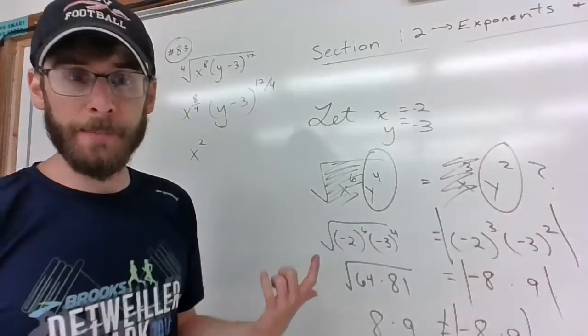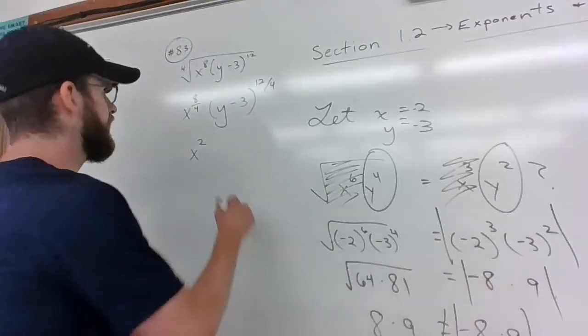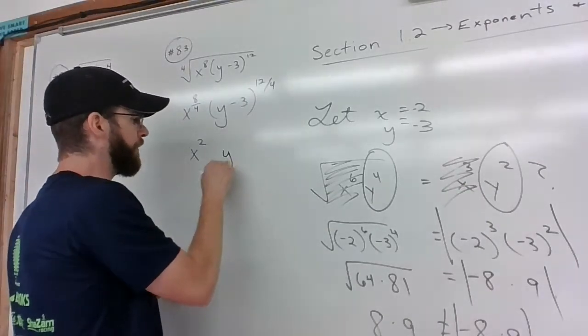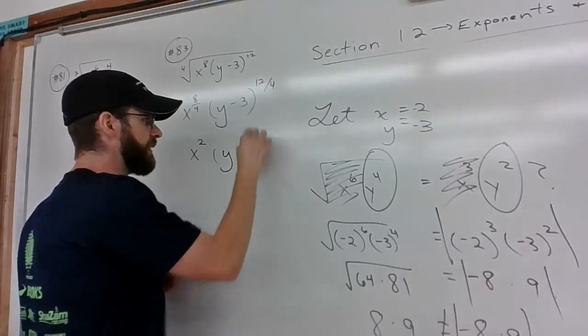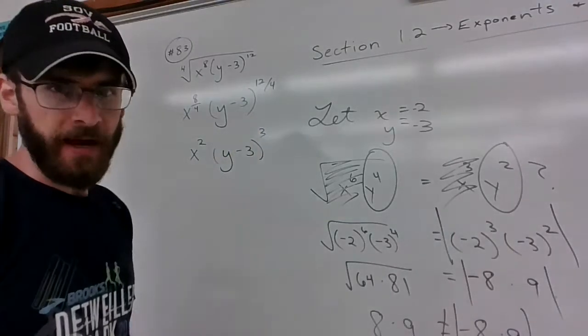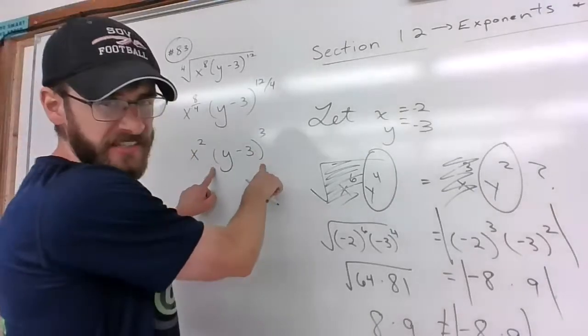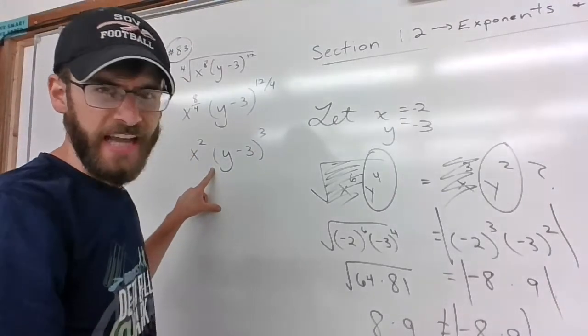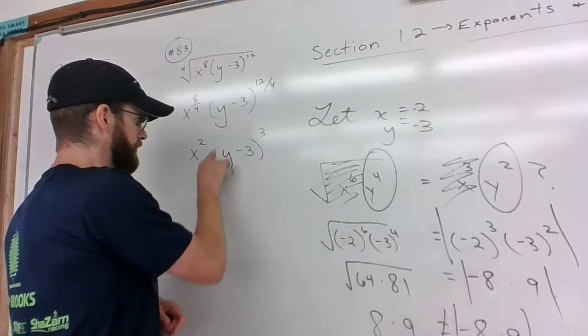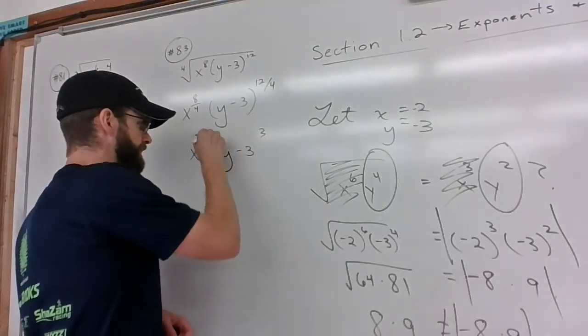That's fine. No absolute value bars needed. 12 divided by 4, though, is an odd power. So when you encounter a situation where parentheses now need to be turned into absolute value bars, you can just do it like that.